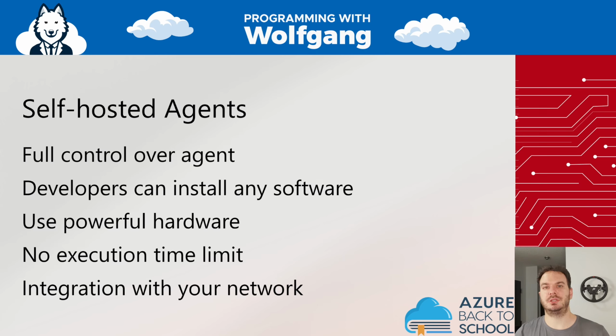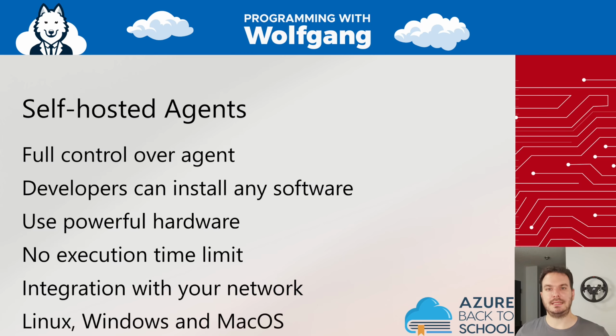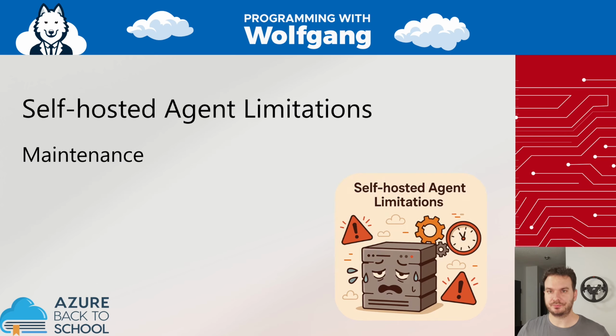And this means the agent can connect to other resources over a private connection. As a result, I don't have to have my resources available on the internet, and therefore they're potentially safer or more secure. Lastly, as with the Microsoft hosted agents, I can run them on Windows, on Linux, and Mac OS.